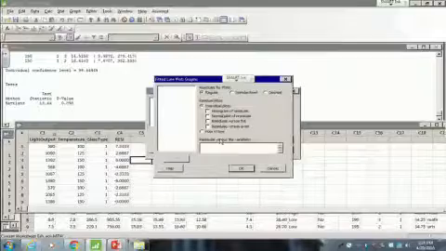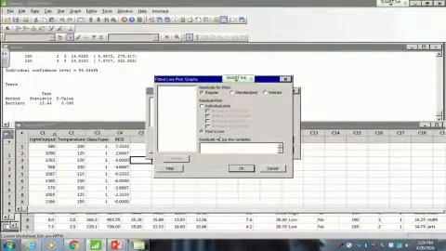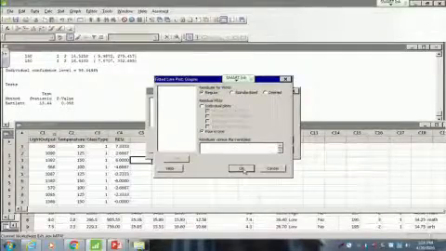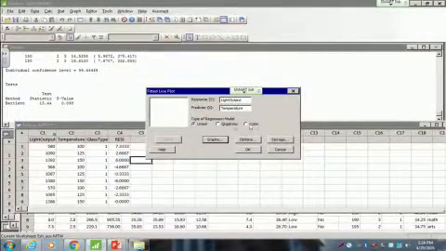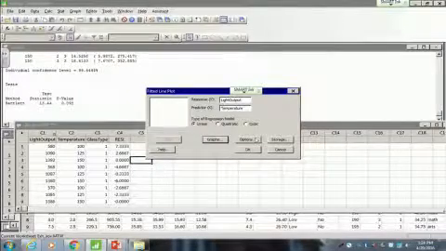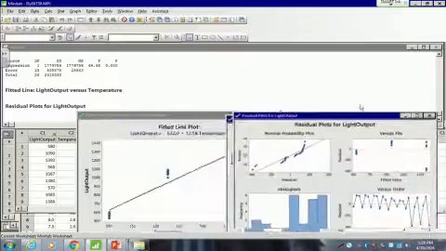You know the assumptions. If I want, I can check the 4 in 1. And for the model, if I want linear, quadratic, or cubic, that's it. So this is linear.